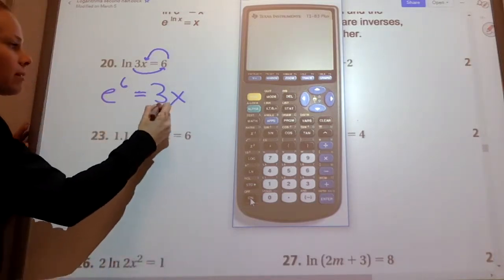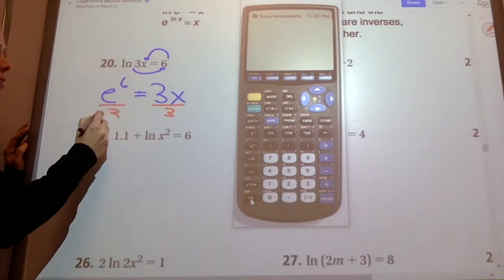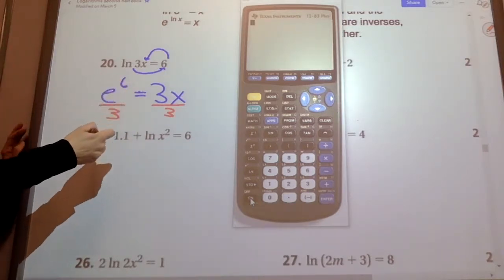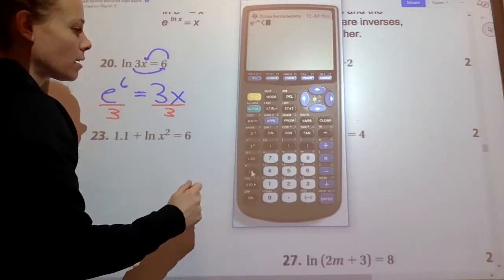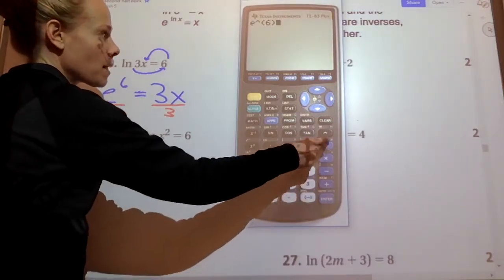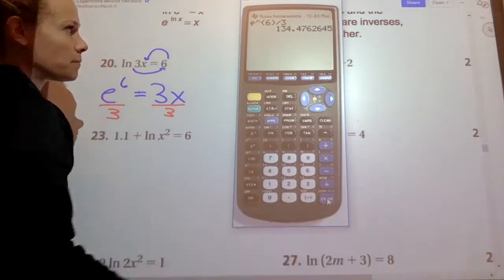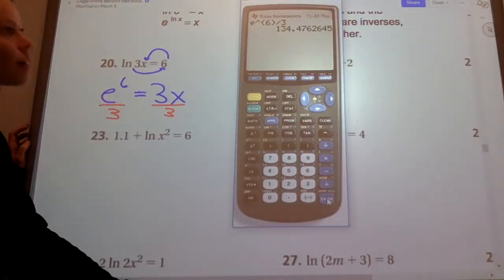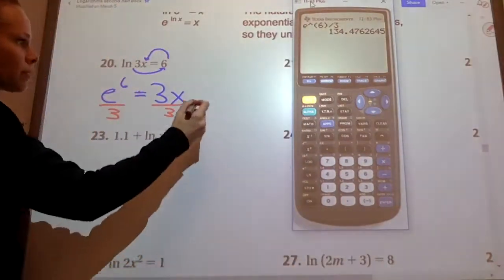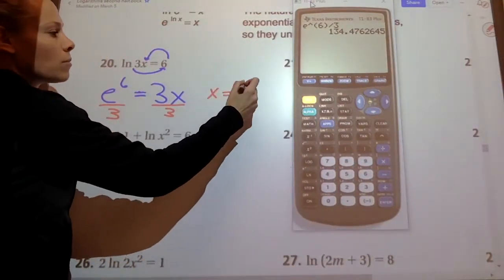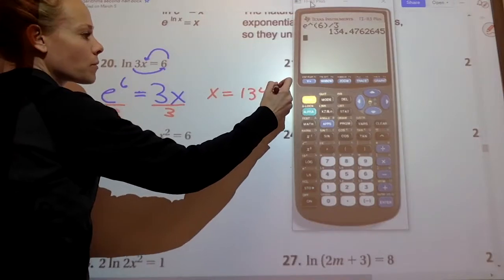To get x by itself, my final step would be divide by 3. So I can actually do that all in one step in my calculator. I can go e, so second ln, to the 6th power, divide by 3. And let's round to the hundredths on these. So my answer would be x equals 134.48.